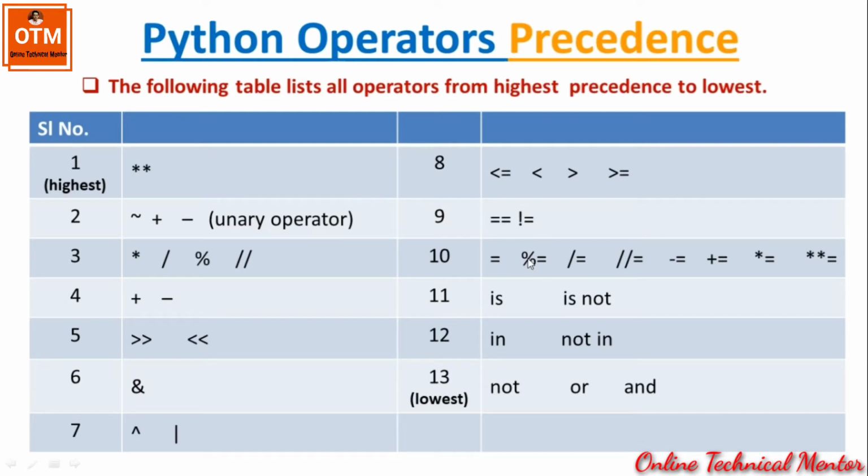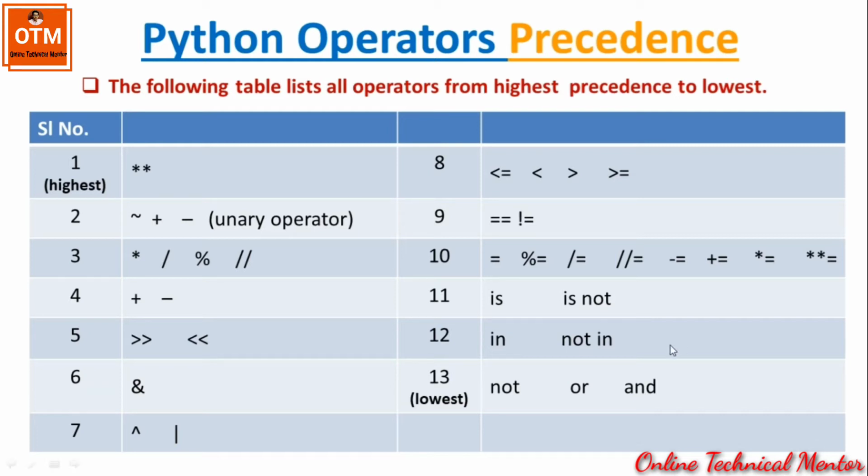So equal to, modulo equal to, slash equal to, double slash equal to, minus equal to, plus equal to, multiplication equal to, double star equal to. Next is the identity operator, is and is not. Then the membership operators, in and not in. And at last, the logical operators have the lowest precedence among all operators shown above.